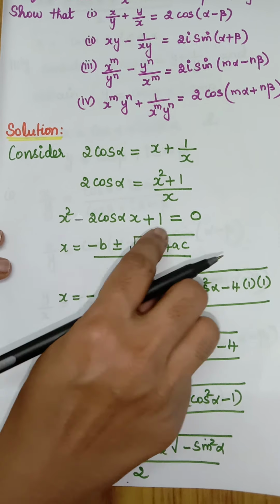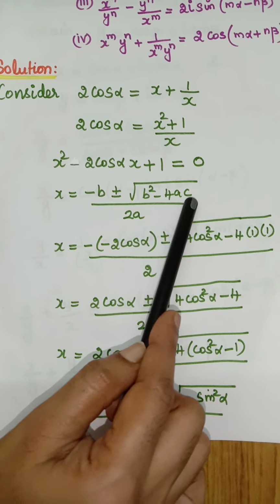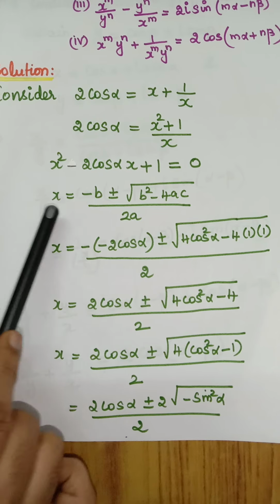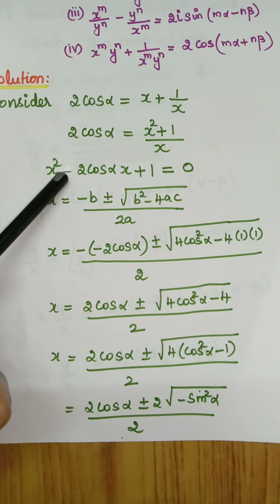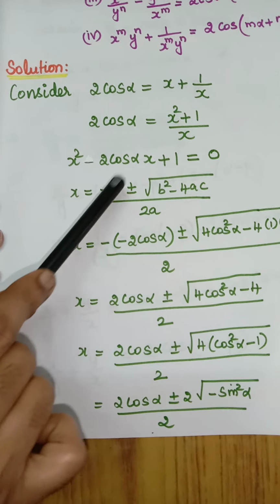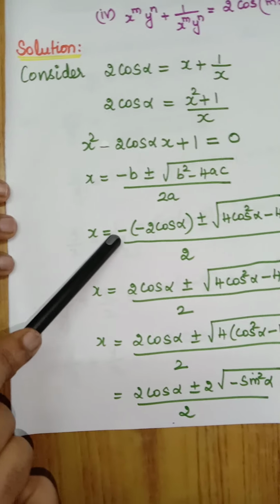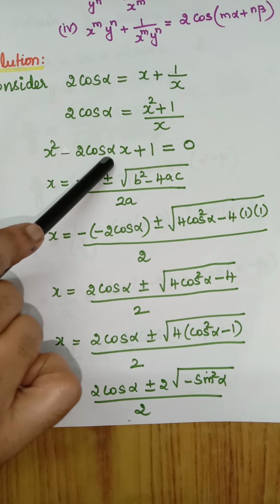So using the formula minus b plus or minus square root of b squared minus 4ac by 2a. Here your a is 1. What is your b? Minus 2 cos alpha. What is your c? c is equal to 1. So minus, what is your b? Minus 2 cos alpha.